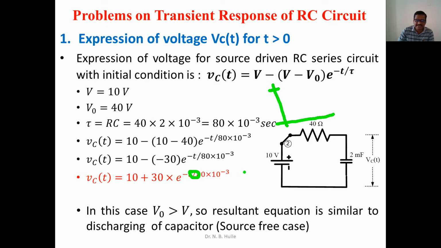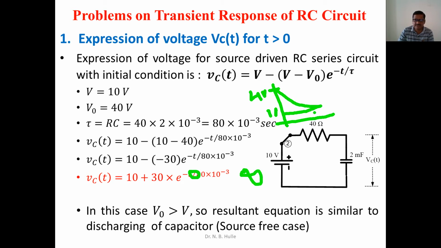In the second case, if t is equal to infinity, then e raised to the power of minus infinity is 0. In that case, the minimum value available at t equal to infinity is 10 volt, which is somewhere here. This value is 40 and this value may be 10 volt. Here, the voltage across the capacitor is going to discharge something like this.